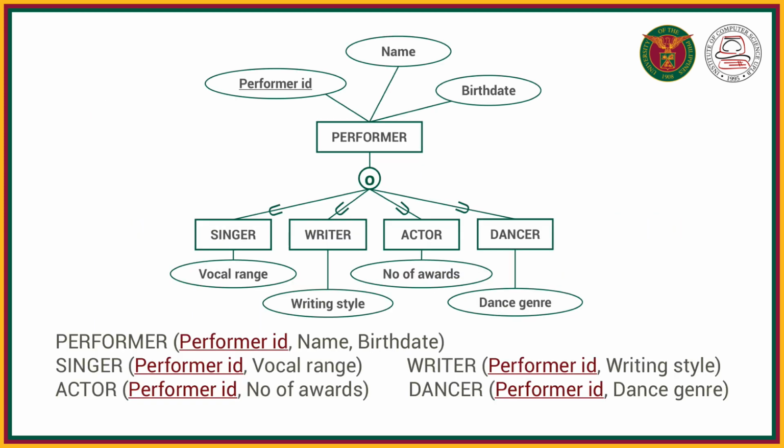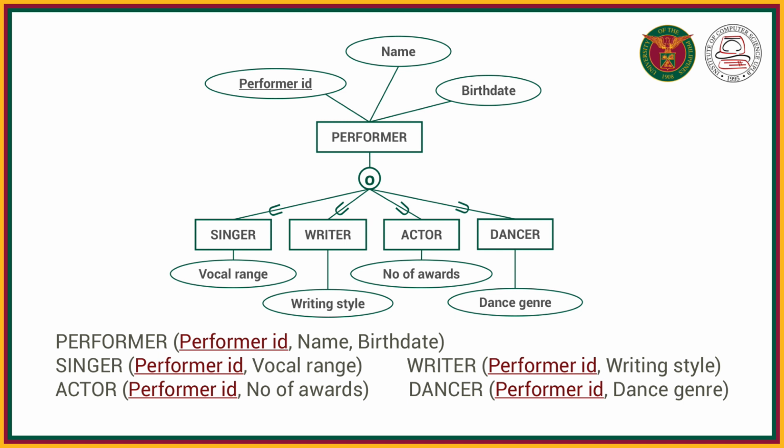To illustrate, we have the entity performer with attributes performer ID, which is the key attribute, name and birth date. We also have subclasses: singer, writer, actor, dancer. Each subclass has distinct attributes. For the constraints, this is a partial specialization and overlapping, so one performer can take different subtypes.